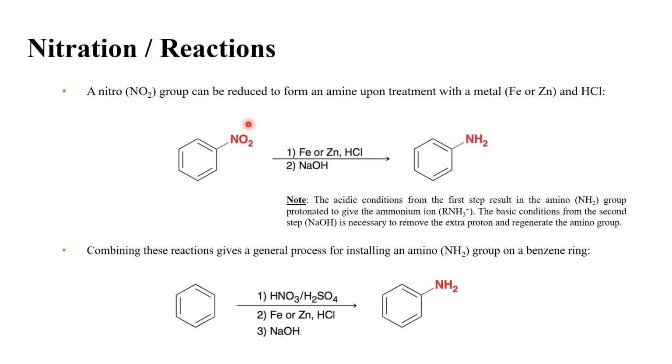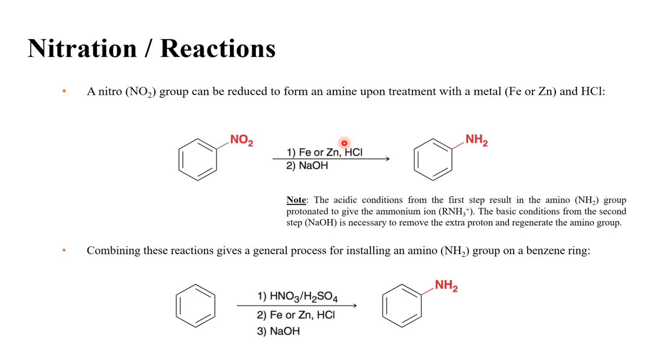But bottom line is, if you want to reduce this NO2 to NH2, you need to use iron or zinc with some HCl, okay? And you're wondering, how is that happening? What's the mechanism or something like that? Honestly, we don't need to worry about the mechanism for this. Usually anything metal related is a little more complicated mechanism-wise, but we're not going to worry about how iron and zinc is actually doing this.